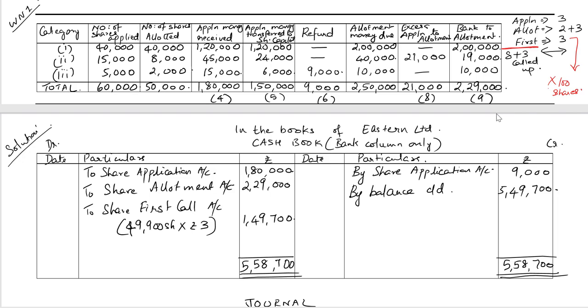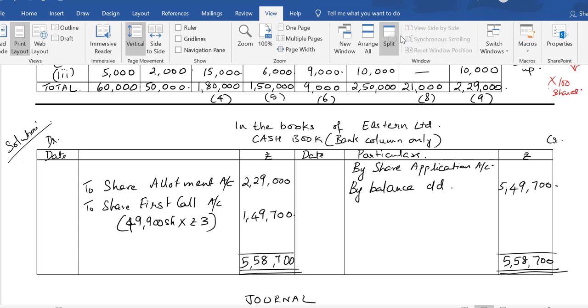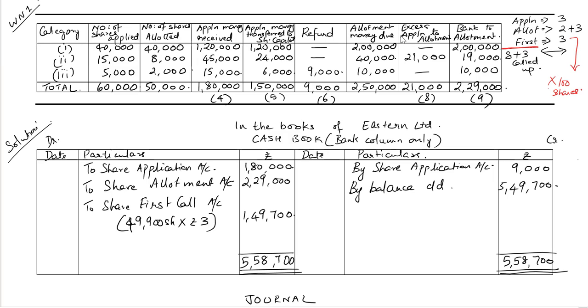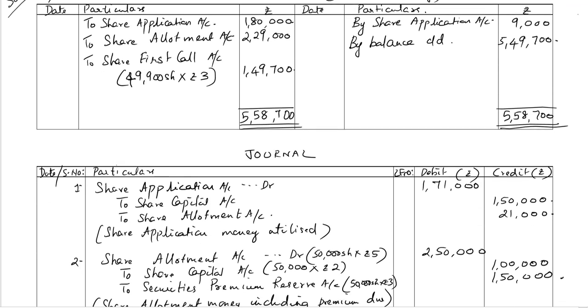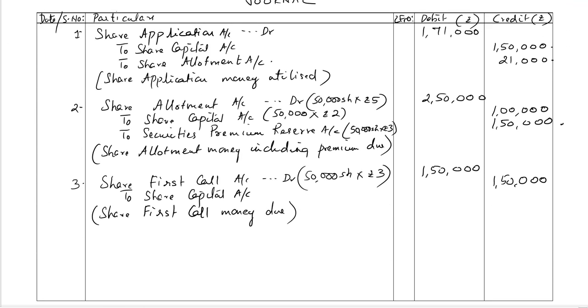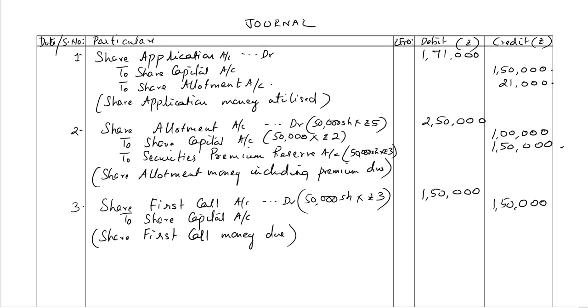So we completed the solution. I will remove the split and we can view the full answer. So we have the table at the top followed by the cash book. And this is the journal.